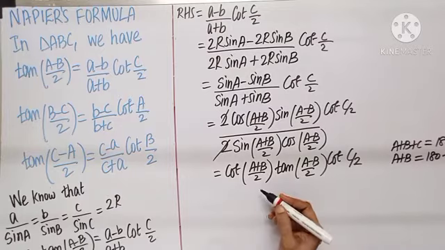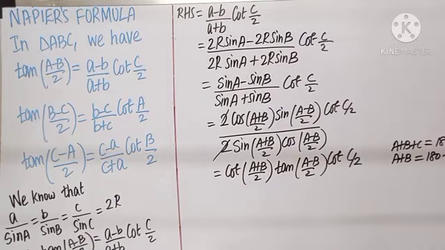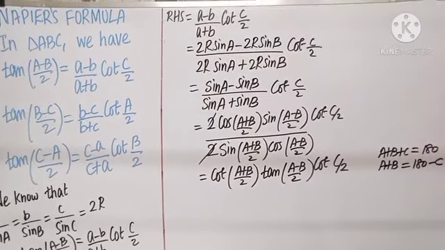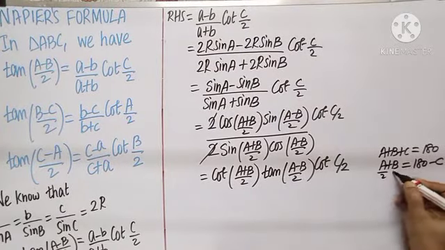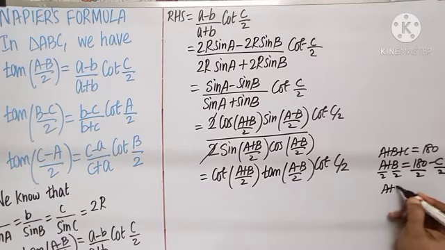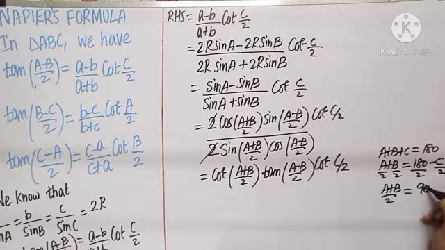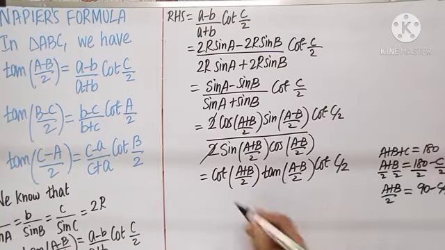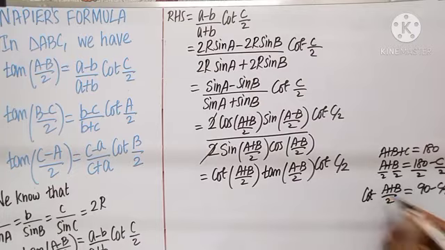And I want it divided by 2, so divide by 2 throughout. It is (A plus B)/2 equals 180/2 minus C/2, or (A plus B)/2 is 90 minus C/2. I want cot, so cot (A plus B)/2 is cot (90 minus C/2).